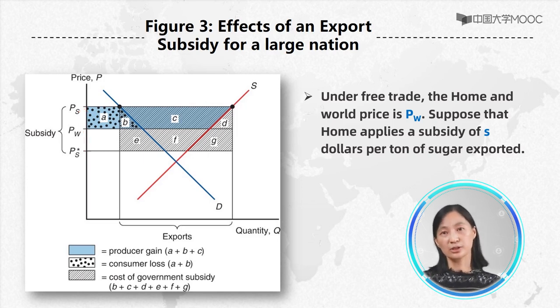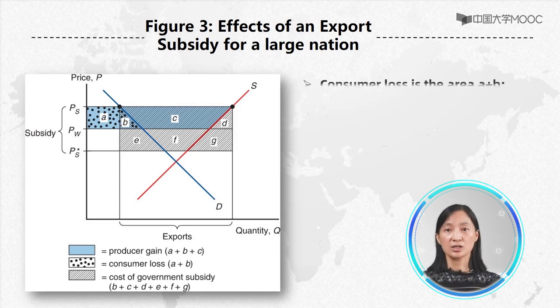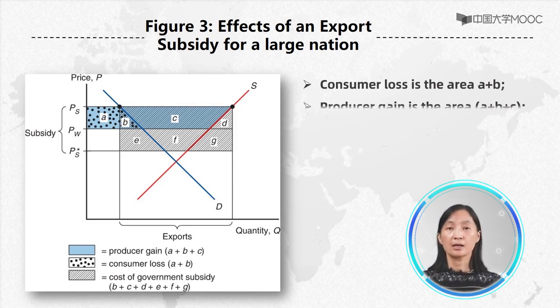In the home country or export country, consumers are hurt, producers gain, and the government loses because it must expend money on the subsidy. The consumer loss is the area A plus B. The producer gain is the area A plus B plus C.